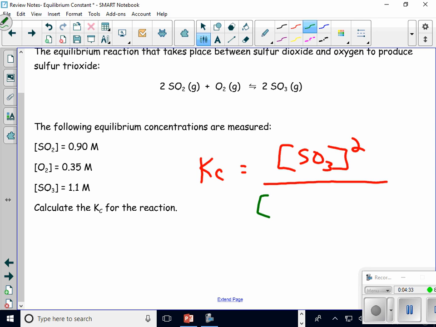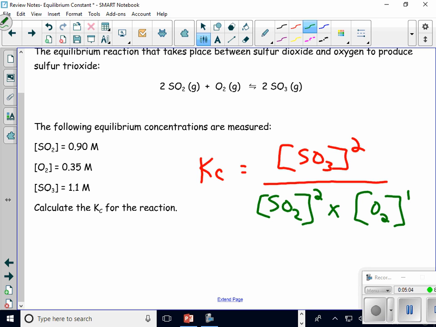So I have SO2, and there are 2 of those, so I square that. And then I multiply that by my concentration of oxygen. And there's only one of those, so that'll be to the 1 power. Now, I've got my equation set up.